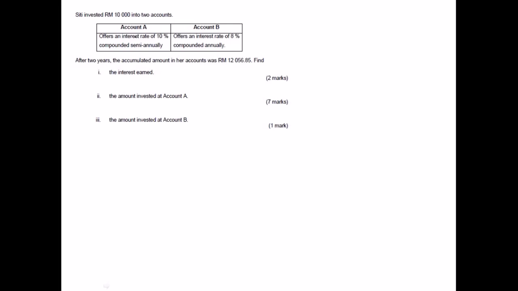Okay, Siti invested 10,000 into account A, 10% compounded semi-annually. So for A, interest 10%, 0.1 compounded semi-annually. Semi-annually means every 6 months.